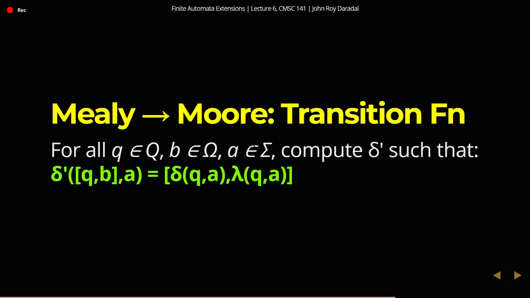Now, for the transition function, this seems like a mouthful, but let's just go through it.